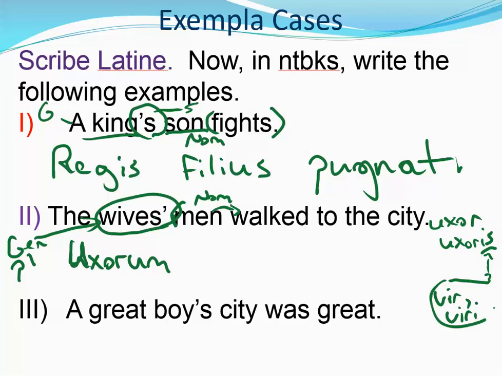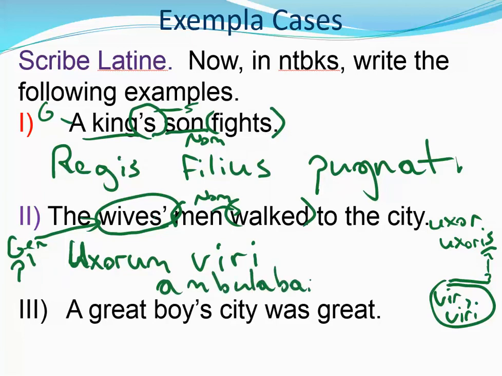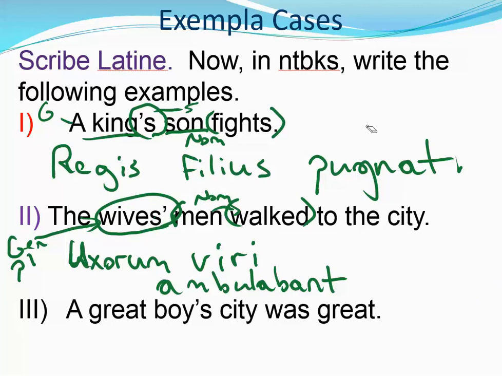We're going to use vir because you haven't seen it before. So plural nominative for second is viri. They walked, so past tense, and they, so ambulabant, to the city. To the city. That's a prepositional phrase.